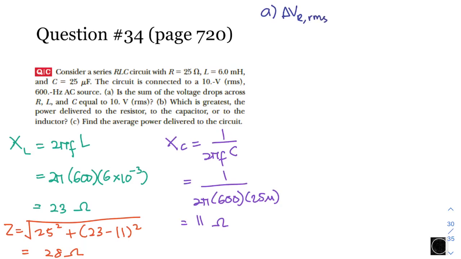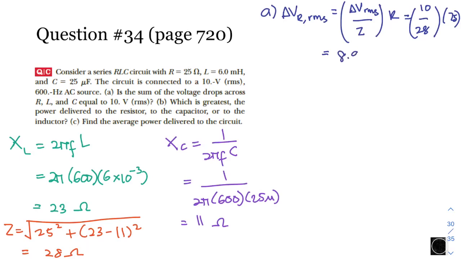So delta V R RMS is equivalent to delta V RMS of the circuit power source over the Z, which represents the I, times the R itself, which gives you 10 divided by 28 times 25, which equals 8.9.